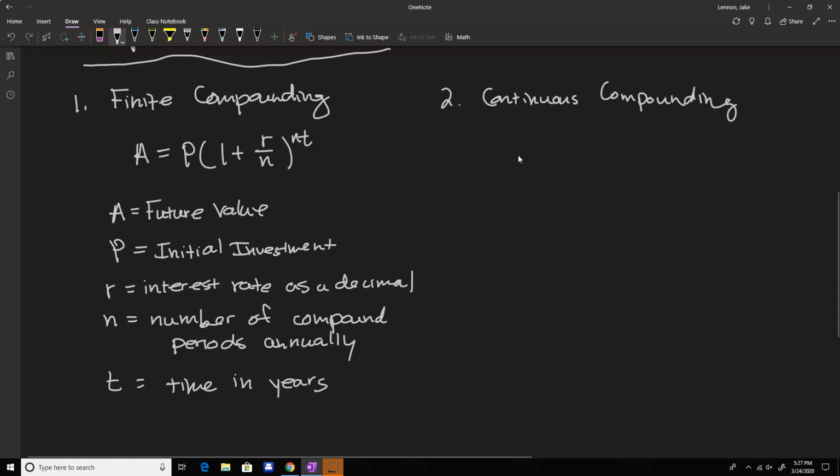So what that formula is, we just get A equals P times e to the RT power. Again, A, P, R, and T are all the same thing, and e is just Euler's number.